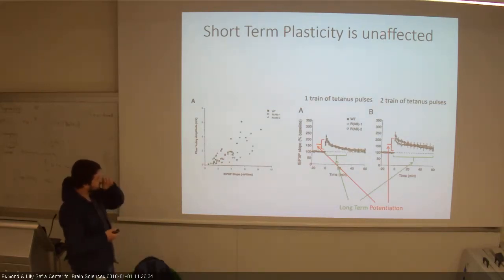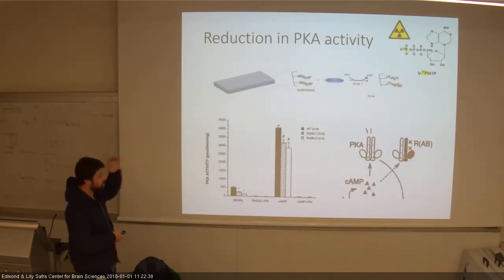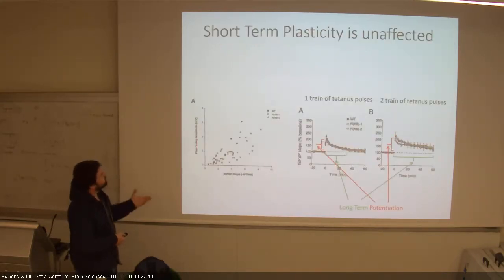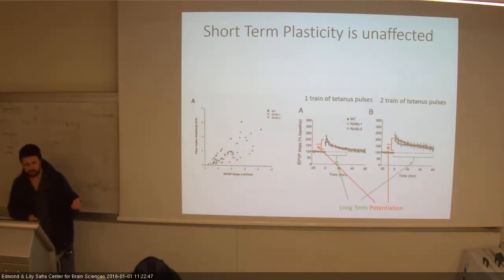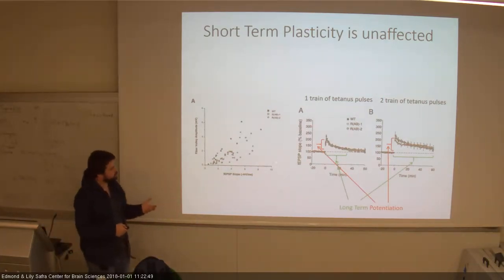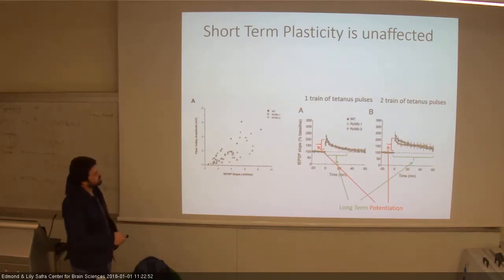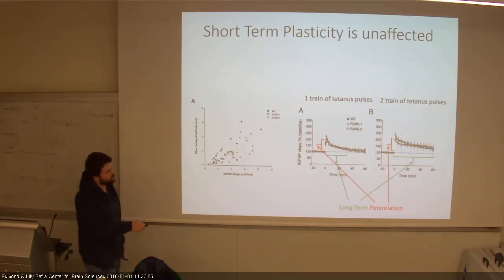So what they wanted to show us next is that, okay, they showed us their animal model, and they showed us that the activity of PKA is reduced, but then they want to show that short-term plasticity or early long-term plasticity is unaffected. And I think the more convincing result that they show here is that the differences between the transgenic mice and the wild type are non-existent if they give 1 train of tetanus pulse and 2 trains of tetanus pulses.